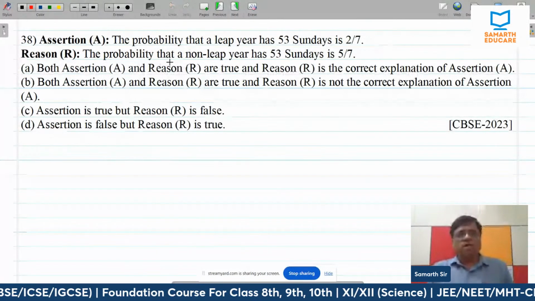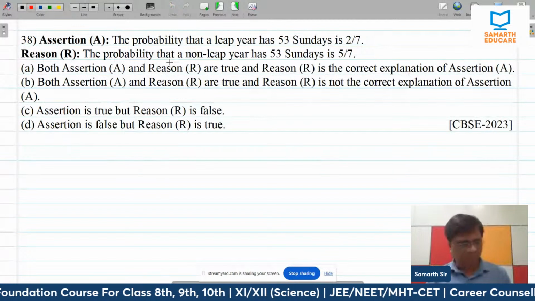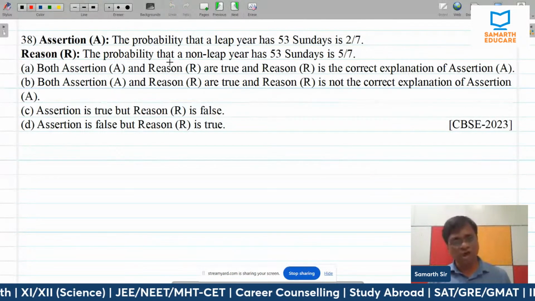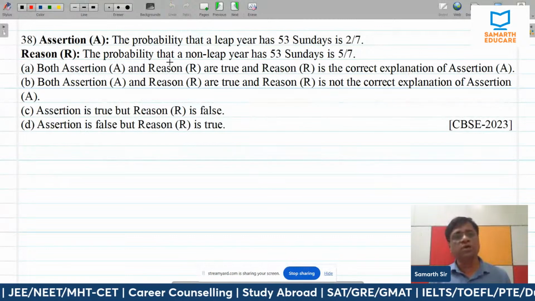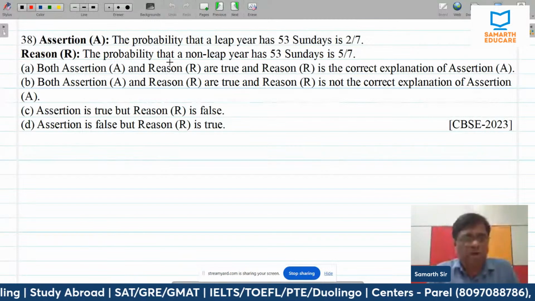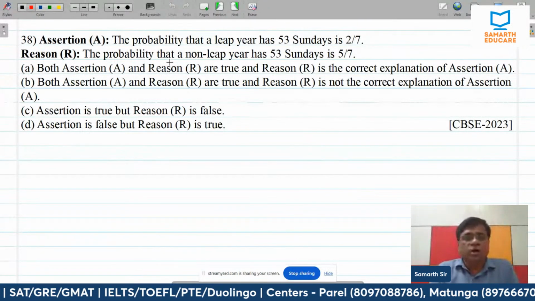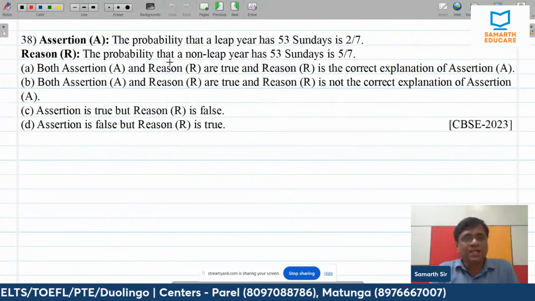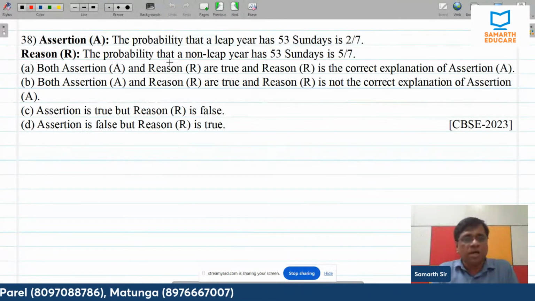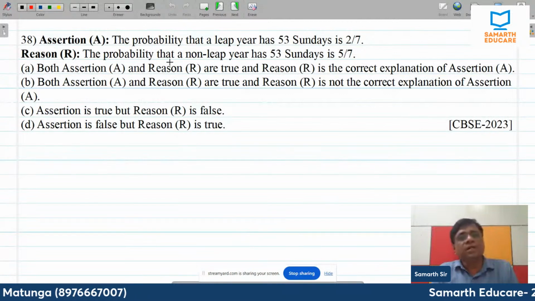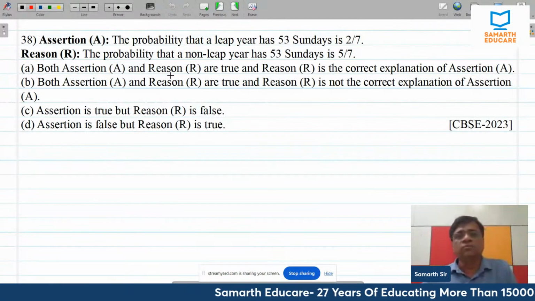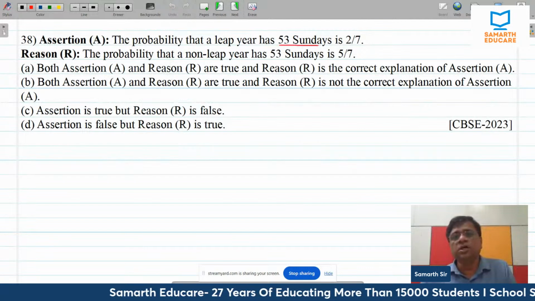Wherever you are studying, whether 11th, 12th, JEE, or CA foundation, wherever you have maths and probability, or if you are looking at GRE quantitative aptitude, CAT, CET, MBA, whatever exam, wherever the quantitative part is there, you will find this kind of problem in probability. And always remember that the probability of 53 Sundays in a leap year is always 2 by 7.